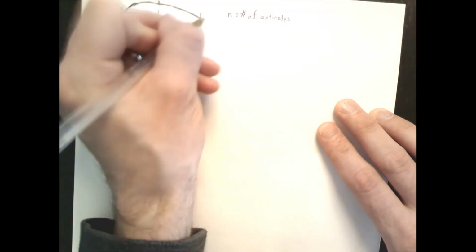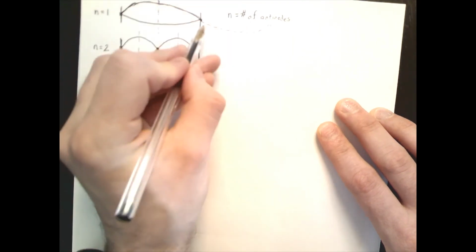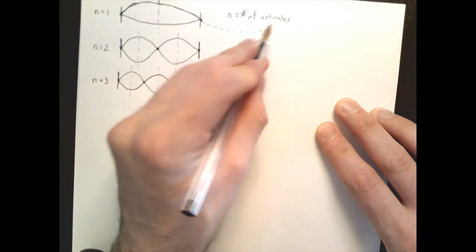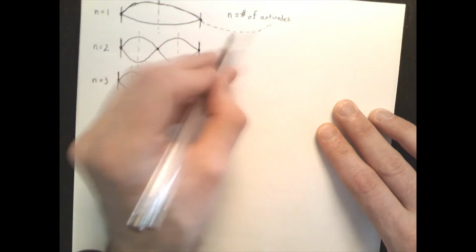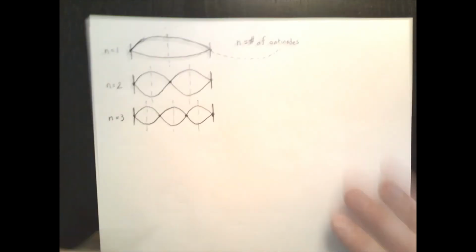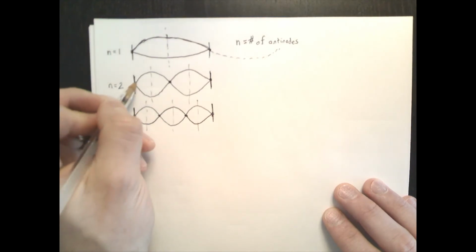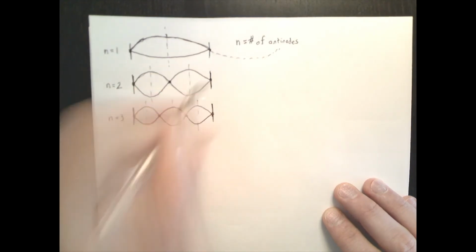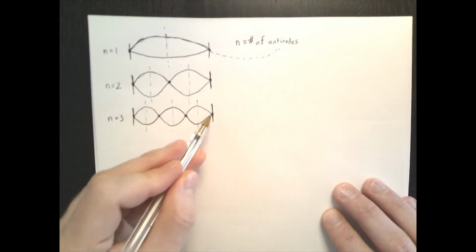We could imagine that there is an imaginary, complete wavelength outside of the length of the string, but physically all we have is a half wavelength in between here. For our second harmonic, we go up and then down again, we have the full wave cycle. And then here we have 1.5 waves.